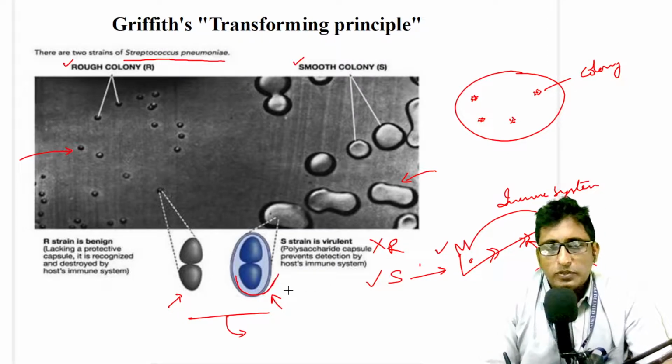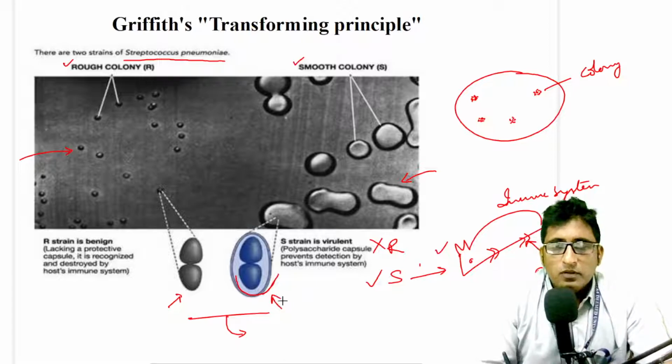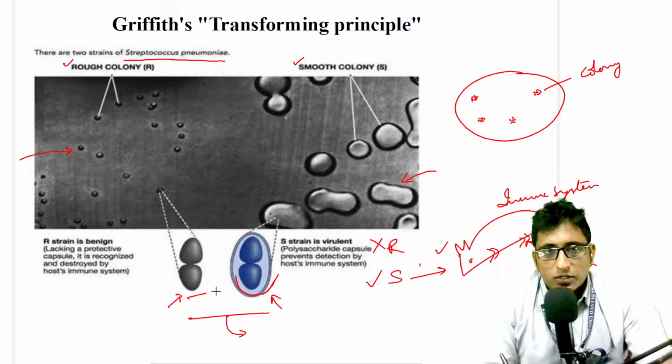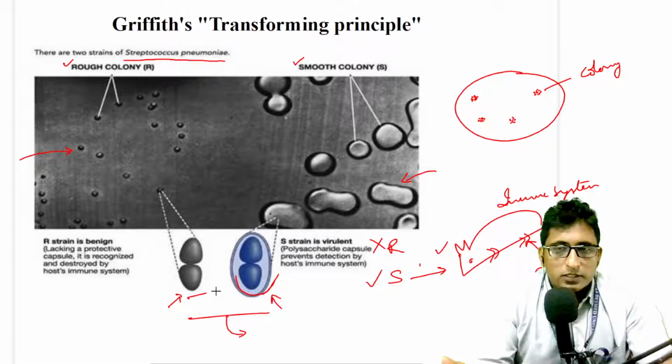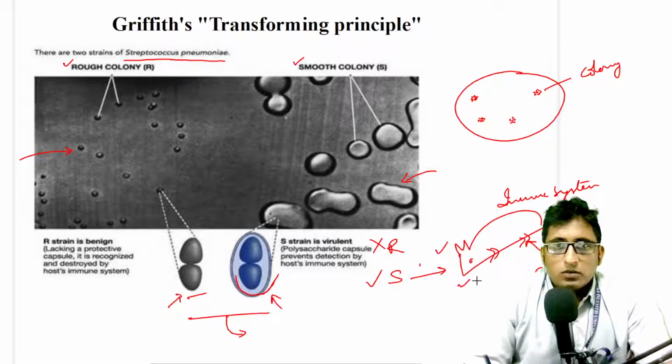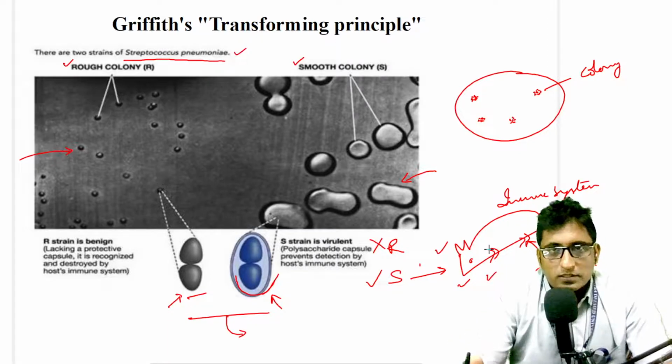The capsule protects the bacterium from the immune system, whereas the R strain does not have the capsule, so it is vulnerable to attack, and the immune system will clear off the bacteria, thereby protecting the mouse. So Griffith used Streptococcus pneumoniae and the mouse as model organisms to test how they are different.